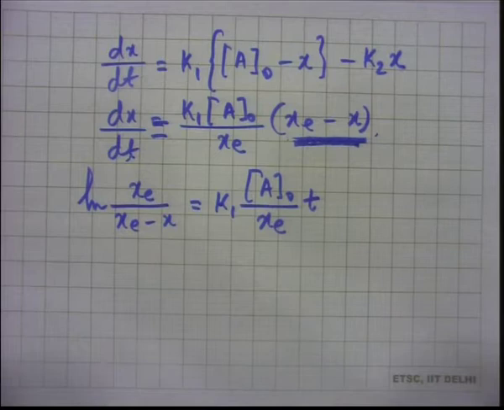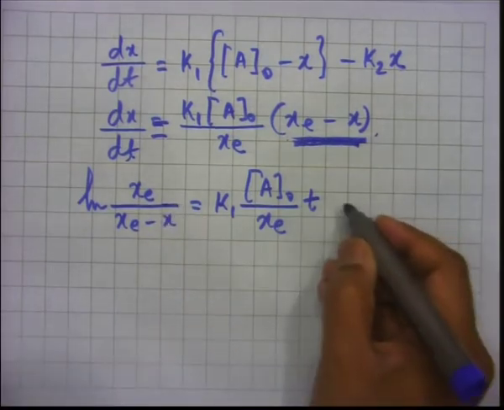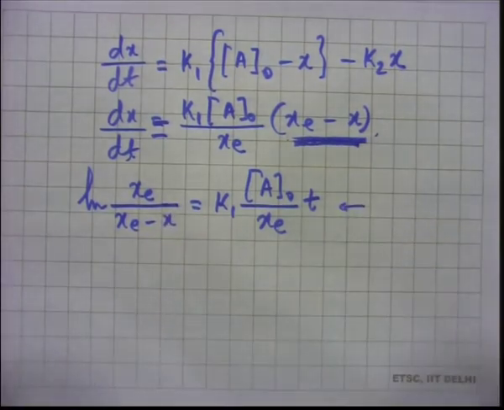A started giving you B, and B also went back and started giving you A. So, all this kept on happening. So, that is why it is A going to B and B coming back to A. But initially at t equal to 0, x was 0. So, that condition has been used to get this. So, that is why the constant is gone.